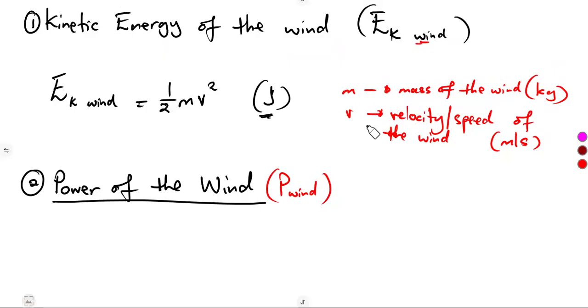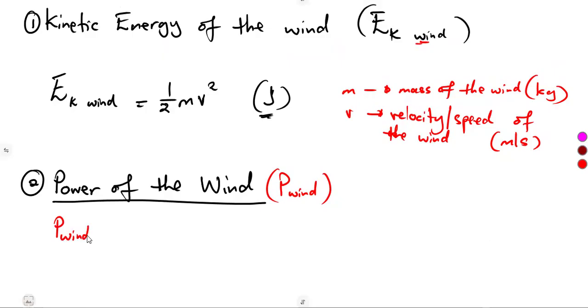Remember, before we talked about the relationship between the velocity and the power output of the wind. We had that exponential function, and I said that power can be determined from there.